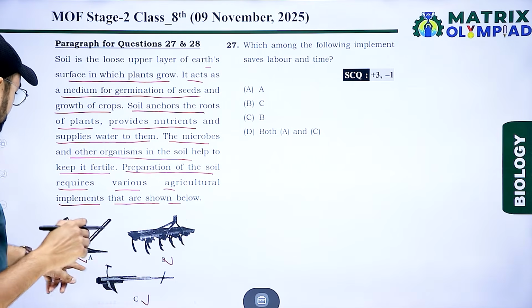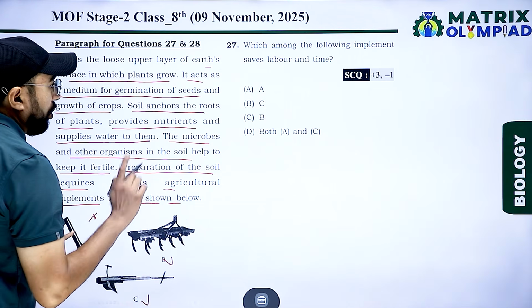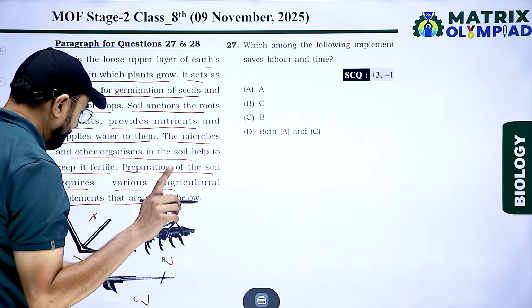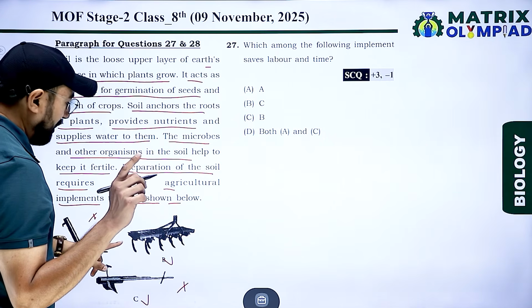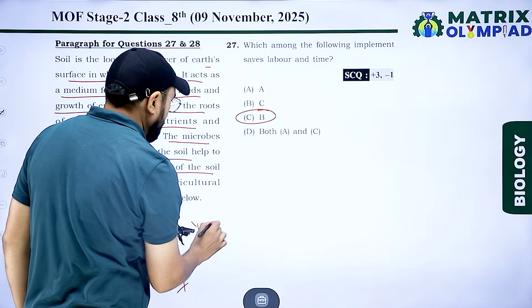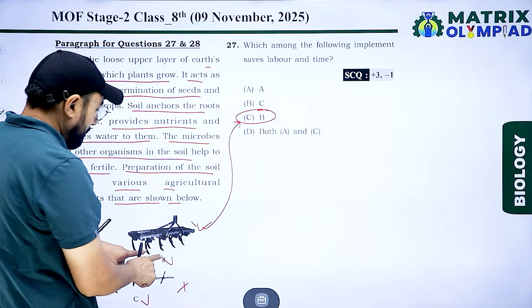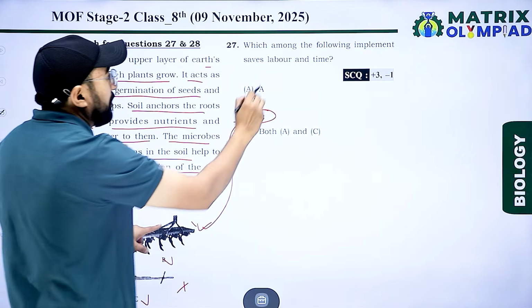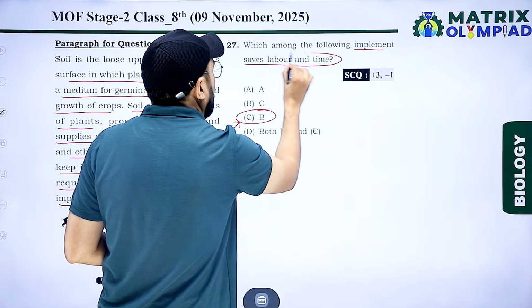Option A, labor, no. Option B, C, no. This B implement saves labor and time.